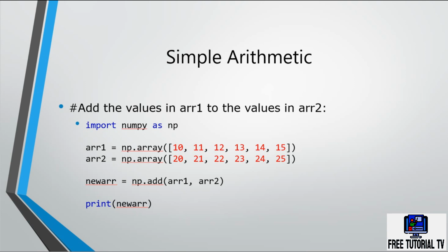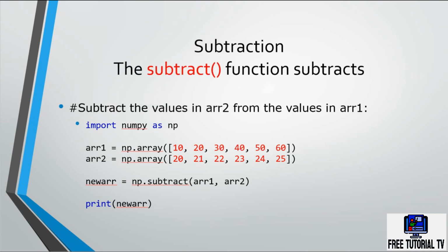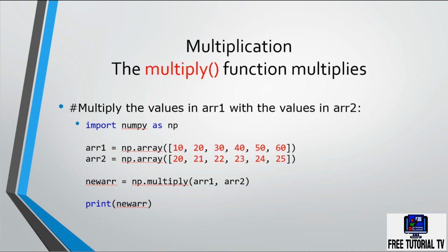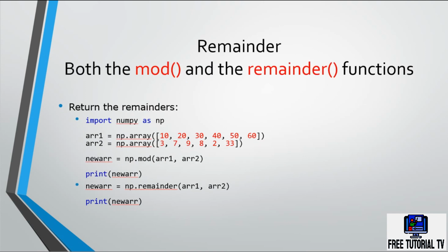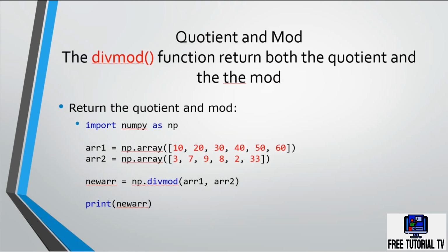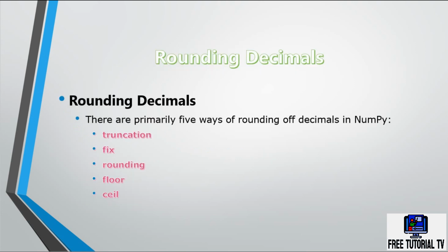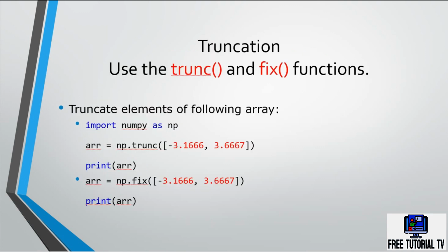Just going through the universal functions, these are the simple arithmetic functions available in NumPy. You can use subtract, which works for subtraction of array 1 and array 2, multiply, divide, power, and remainder using mod, divmod, and absolute. Some other functions are truncation, fix, rounding, floor, and ceil. These can all be used in NumPy.